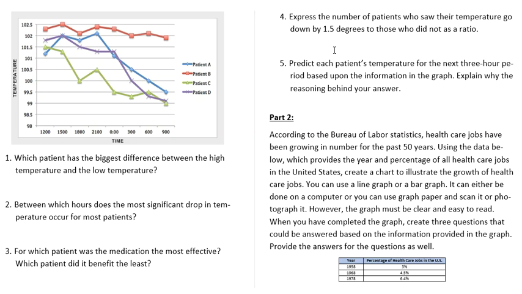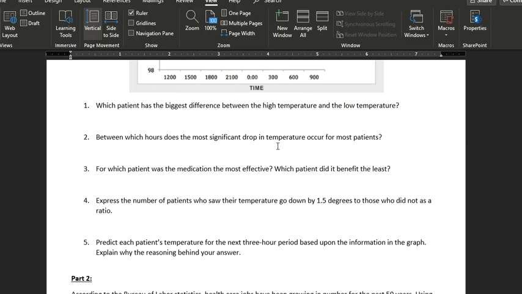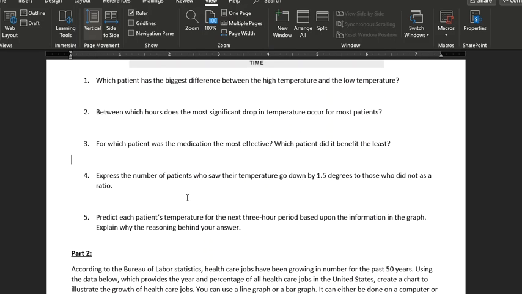Remember, a ratio is expressed separated by a colon. Okay, so if I am to write this in a ratio, it looks like 1 to 1, 2 to 1, etc.